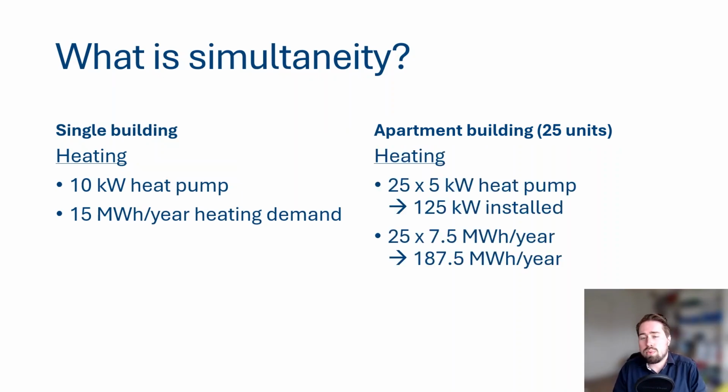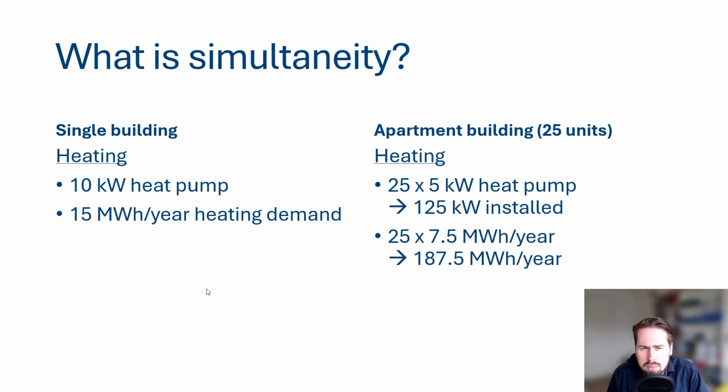So we can, for example, know that we will have 25 apartments with each having a 5 kilowatt heat pump, giving us a total installed power of 125 kilowatts. For our energy demand, we also know that, for example, an apartment has 7.5 megawatt hours per year of heating demand, multiplied by 25 gives us almost 190 megawatt hours per year. So this is the information we typically have available.